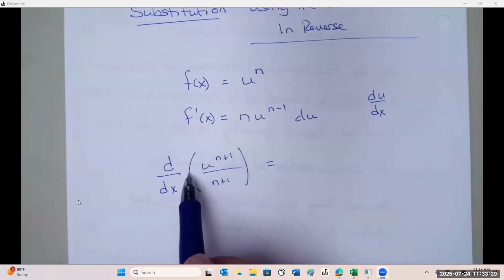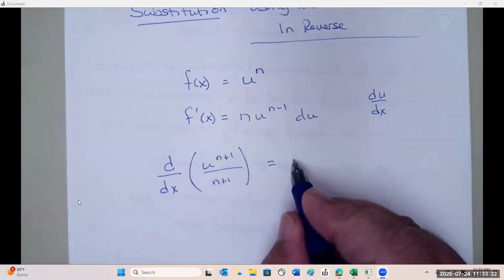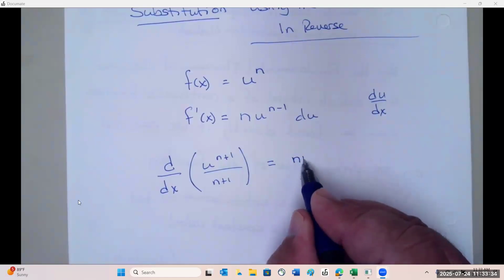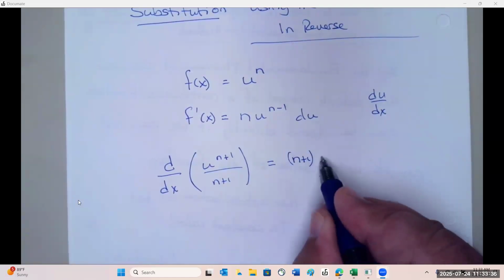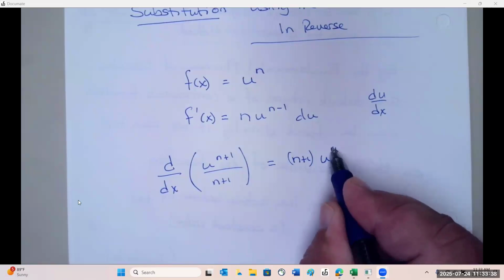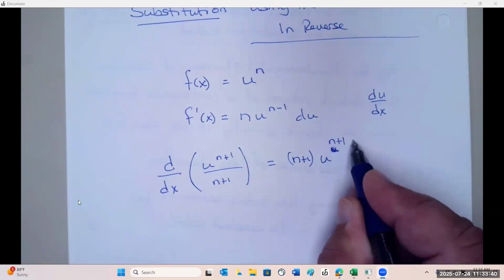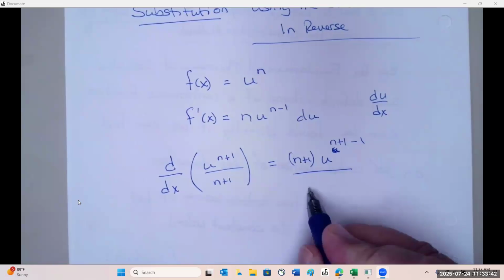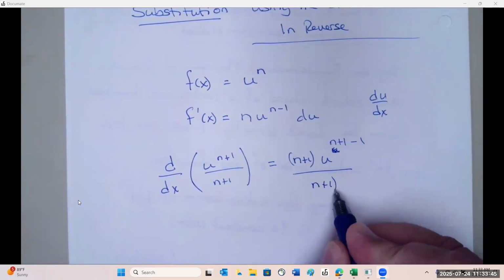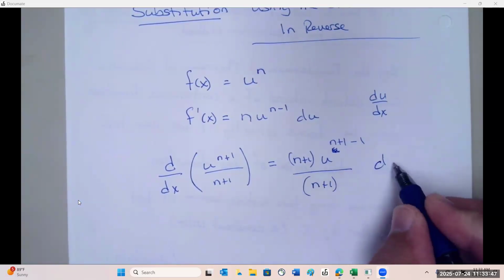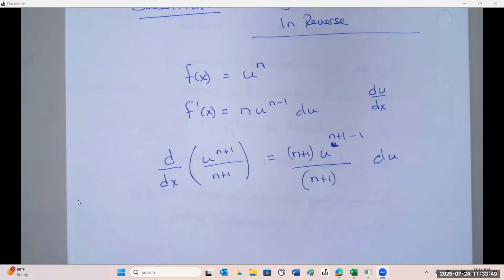Bring the n plus 1 down. So what you'll have is n plus 1 on the top, n plus 1 minus 1, all over n plus 1, du.